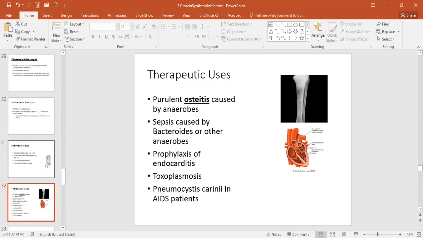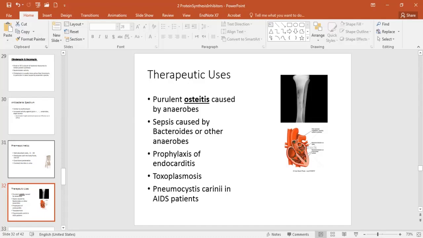Therapeutic uses. For clindamycin and lincomycin: purulent osteitis caused by anaerobes. Osteitis is a type of inflammation of the bone, caused by invasion of the bone by bacteria, usually anaerobes.